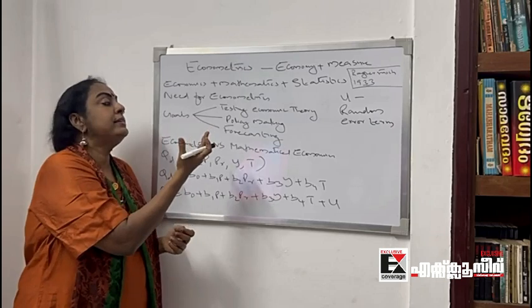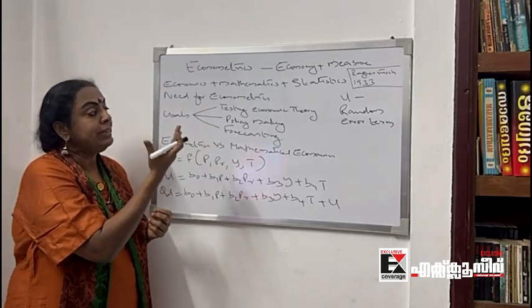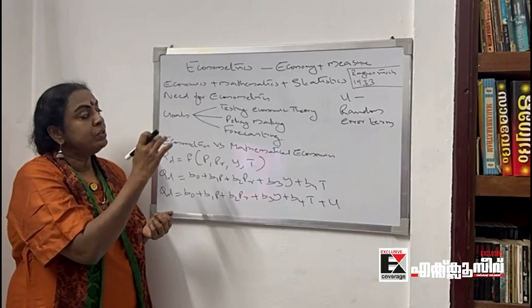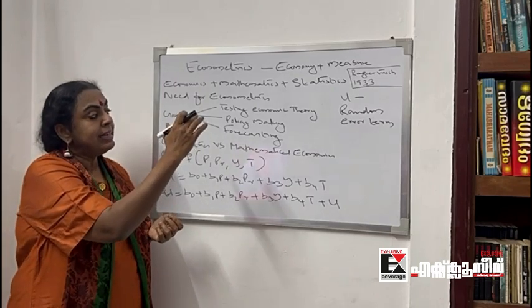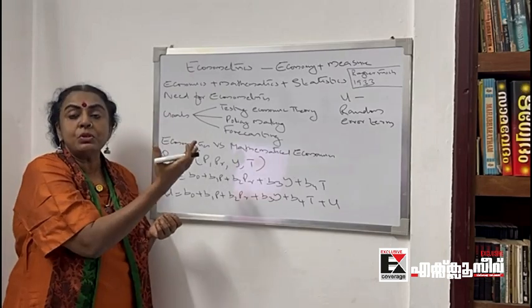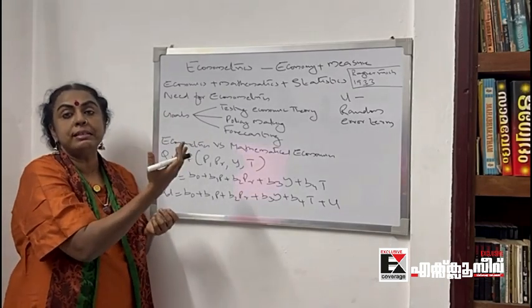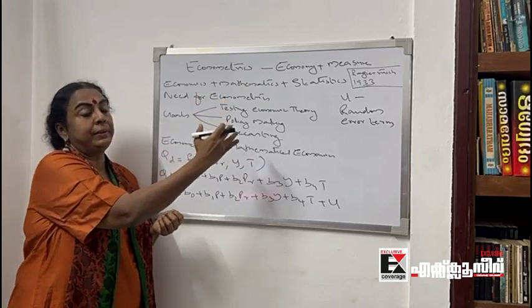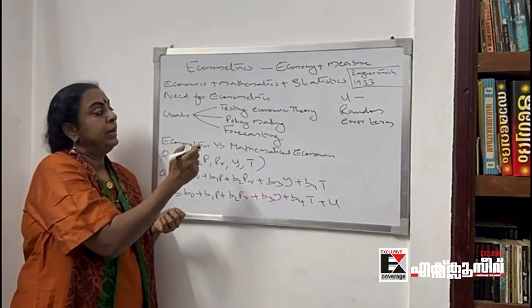Or in the Keynesian psychological theory of consumption, whether consumption is less than income, that is, when income increases, consumption also increases, but by less than the increase in income. That can be proved using an econometric model.